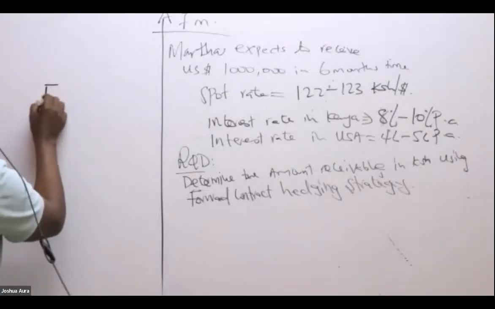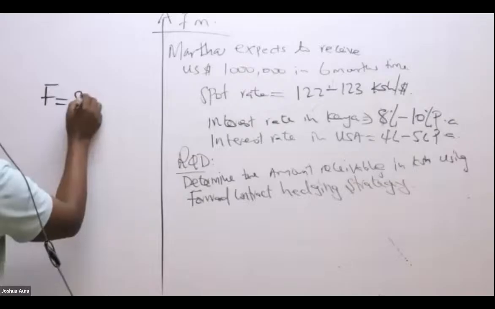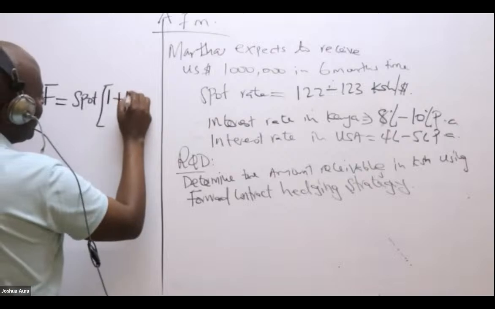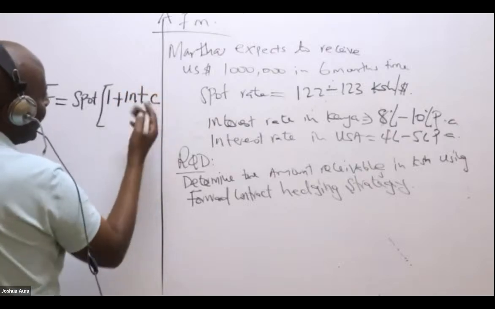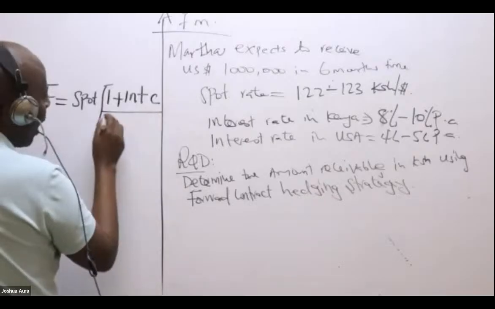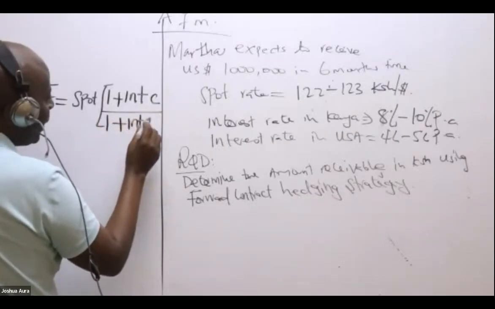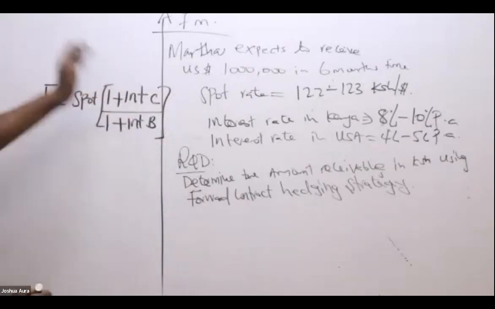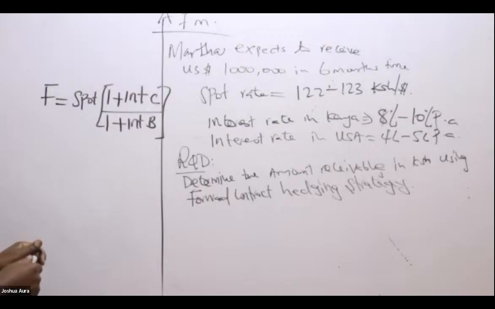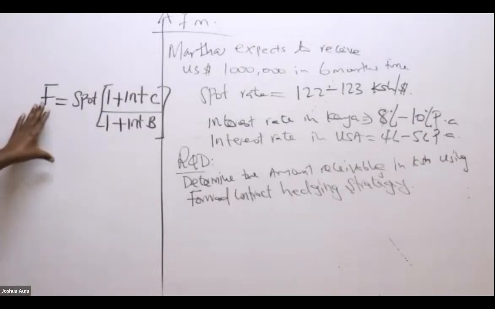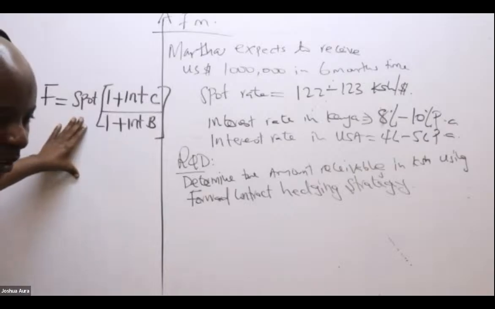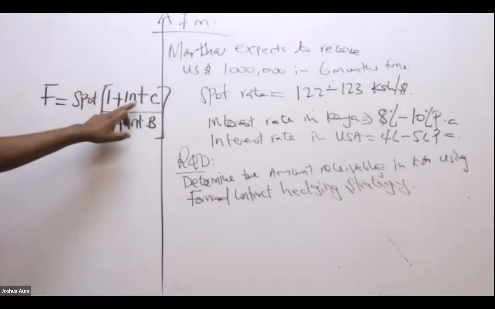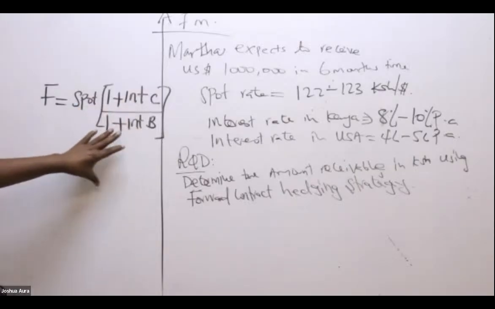You must have said forward equals spot into 1 plus interest rate of country C, all over 1 plus interest rate of country B. So we have here the forward exchange rate equals the spot exchange rate into 1 plus interest rate country C all over 1 plus interest rate country B.